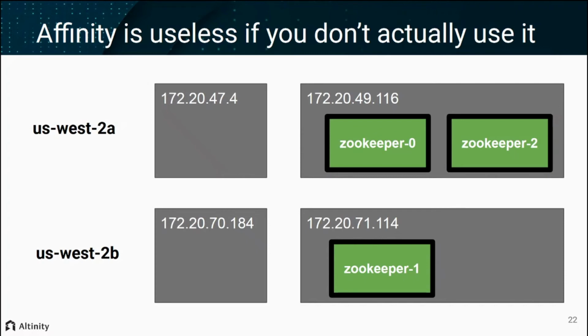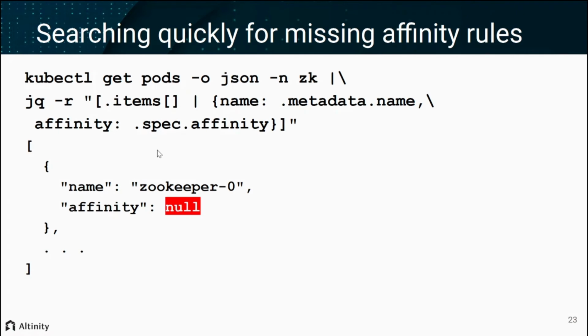They could have come up all on different machines, or we could even have had all pods on a single machine. What was actually happening in this particular case is there just weren't any affinity rules. So one of the things you want to check is that if you think you have affinity rules, they really are there.